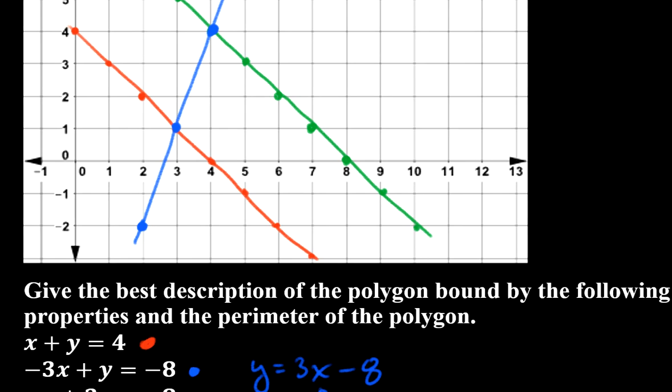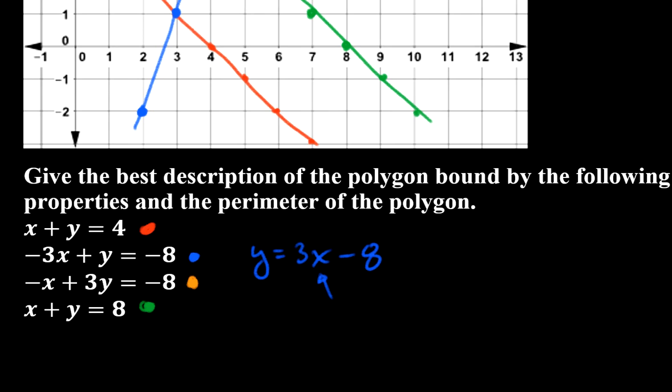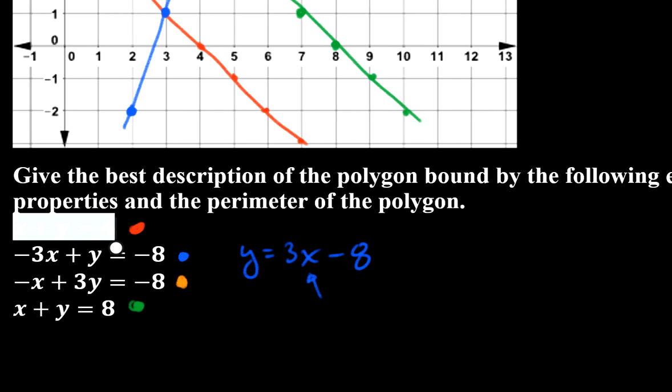And then I need this fourth boundary line here. For this one, I guess I'll pick this kind of orangey color. I could play the same game about just figuring out values.